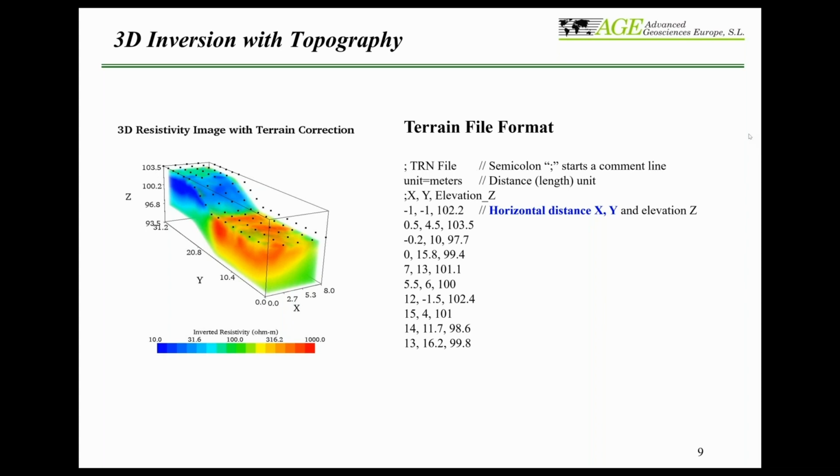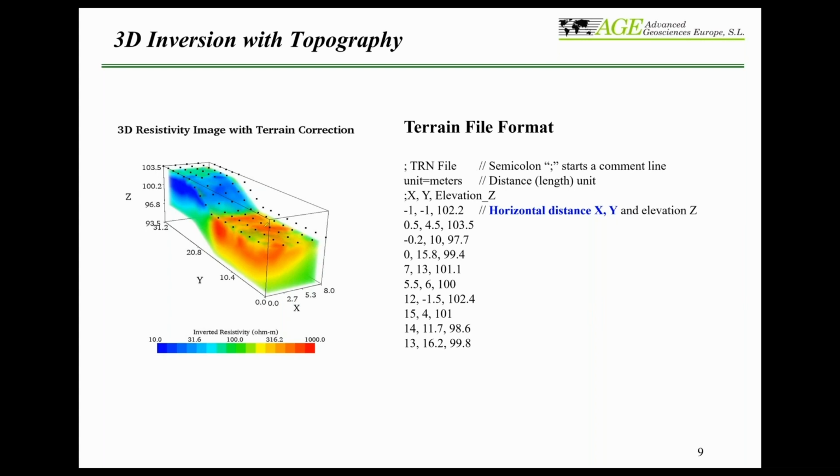That's not the way it's supposed to be done. In the processing, the mesh with topography has to be created first. The software has to create a 3D mesh with topography, put all the model parameter values in the mesh, and based on that mesh with topography, do the processing, then do the inversion.